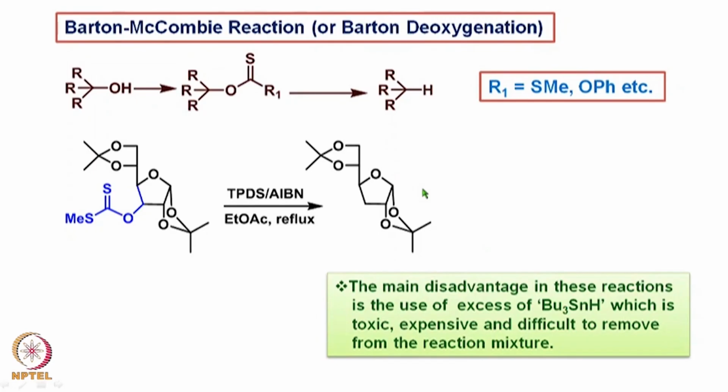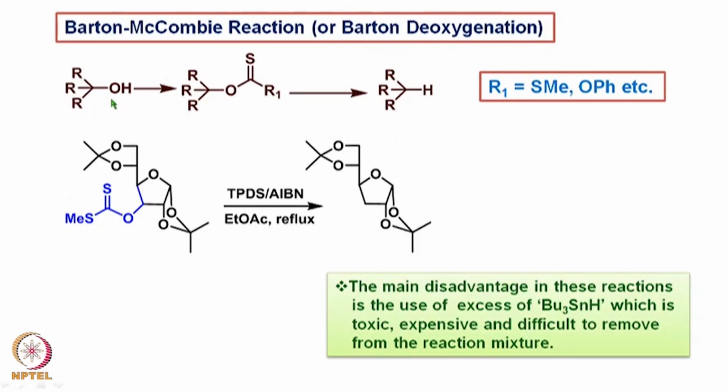Then we also looked at the Barton-McCombie reaction, also known as the Barton deoxygenation reaction, in which we can convert a hydroxy compound to the corresponding hydrocarbon. Particularly it is very useful for the conversion of a tertiary hydroxy compound to the corresponding hydrocarbon.